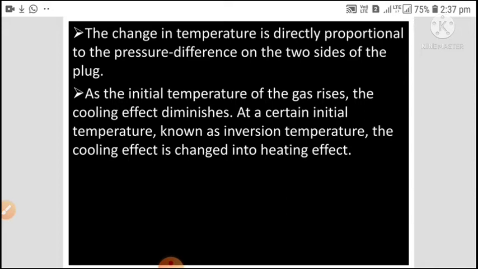The cooling effect vanishes at a certain initial temperature known as the inversion temperature, and the cooling effect is changed into a heating effect.